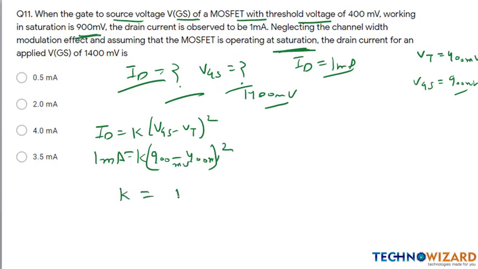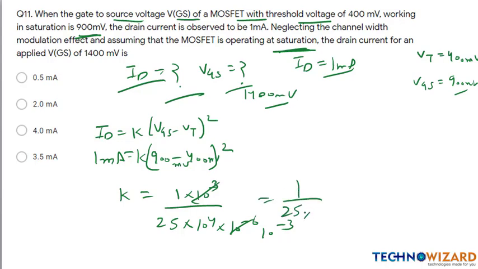K will come out to be 1 into 10 to the power minus 3 upon 25 into 10 to the power 4 into 10 to the power minus 6. The minus 3 and minus 6 combine, we will get 10 to the power minus 3, so K equals 1 upon 25 into 10 to the power 4 into 10 to the power minus 3. This will be the value of K.